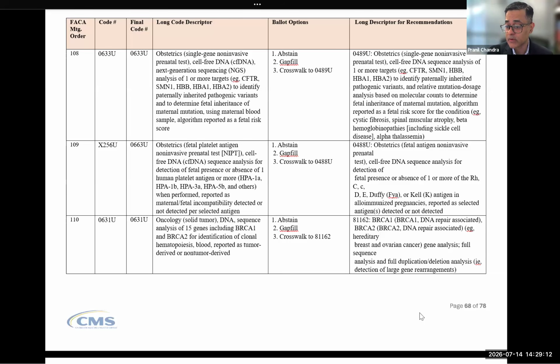In contrast to some of the other CPT codes that I evaluated, there was no presentation, no dossier, but thankfully there was another CPT code that was very similar in resources that we were able to identify, and therefore we recommend a crosswalk to 0488U, which is commensurate with the resources required to deliver the assay result.